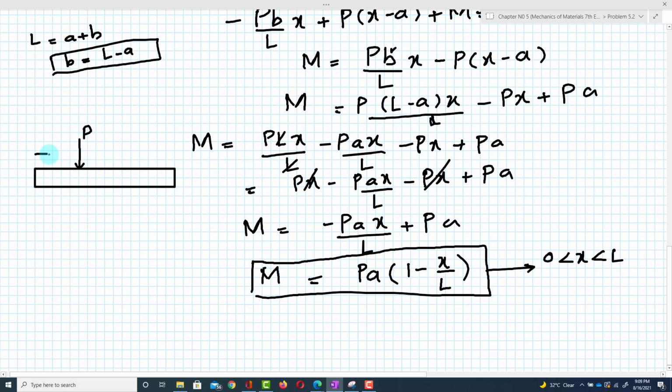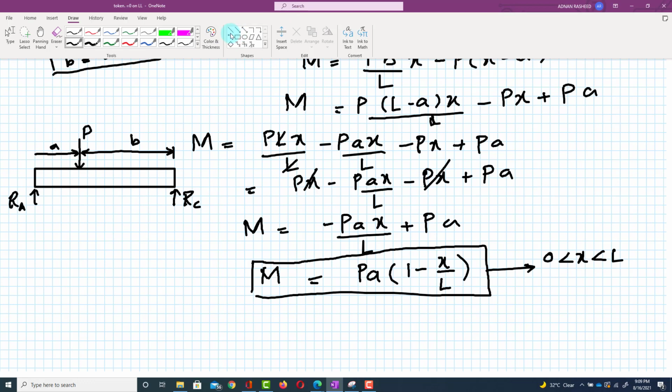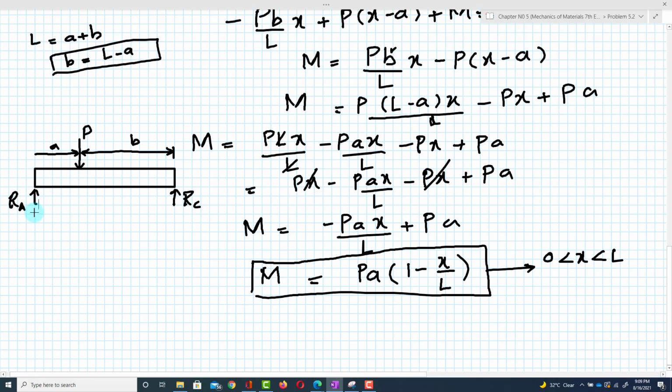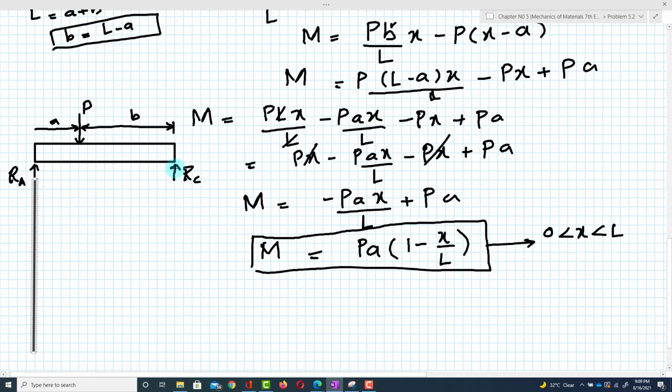This distance was A and this distance was B. This is the reaction force RA which we have calculated, and this is the reaction force RC. To draw the shear force and bending moment diagram, for example, this is the vertical line, and this is the horizontal line.